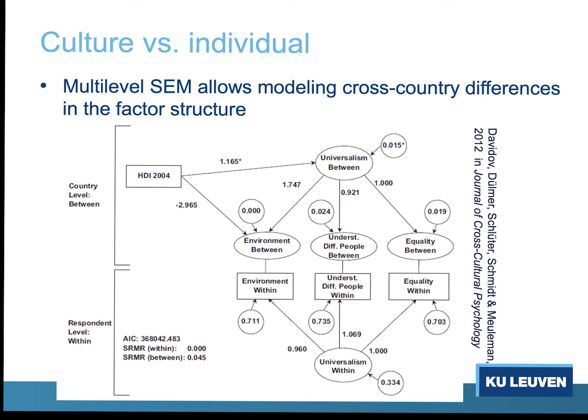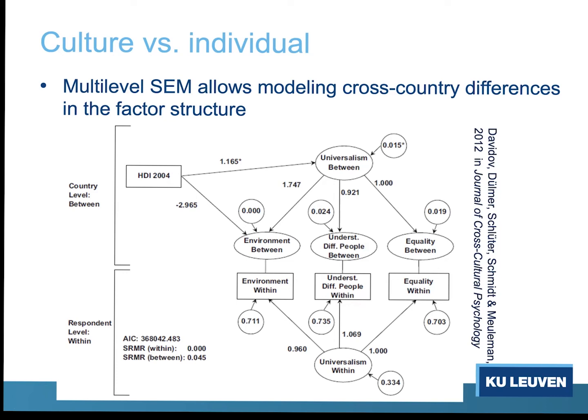And here, I don't have the time to explain in detail, but here you see a multi-level structural equation model where you see that the value type universalism of the Schwartz value scale is measured. And then you see that the item on environment apparently functions differently in countries in the European Social Survey. And we can explain it partially by taking the Human Development Index into account.